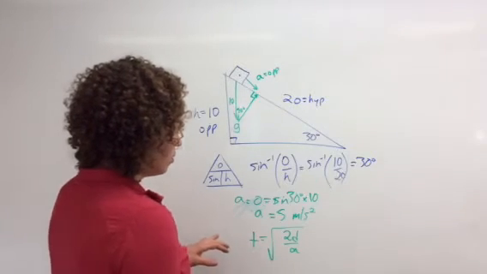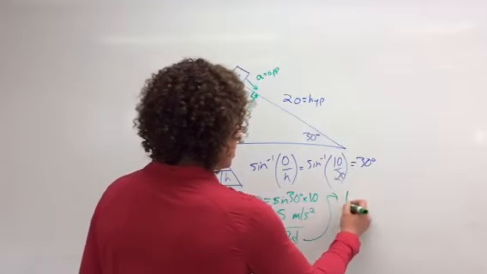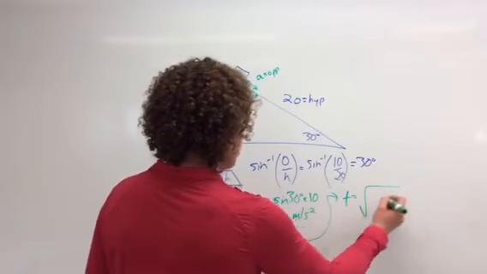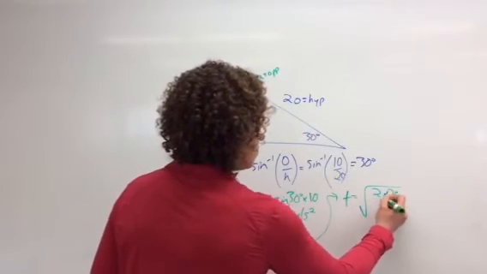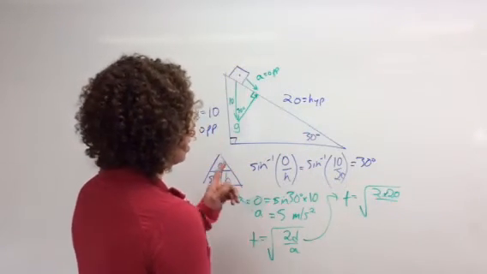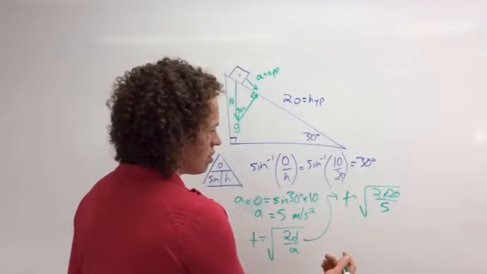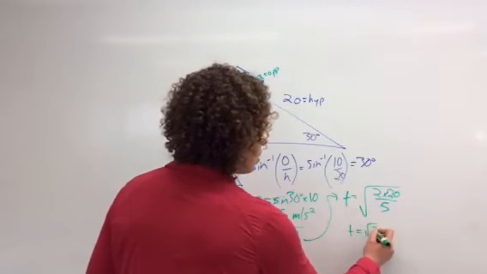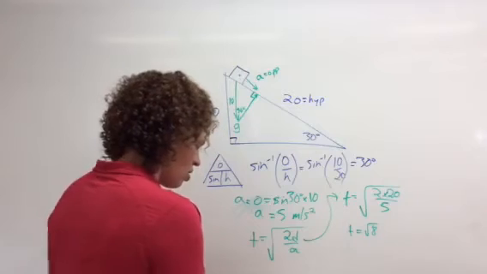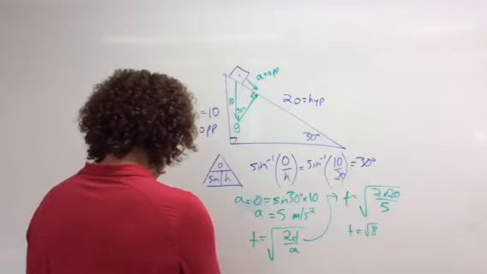So we just plug in our numbers. I'll write it up here so it's a little easier to see. T equals the square root of 2 times 20 over acceleration, which is 5. So 2 times 20 is 40, divided by 5 is 8, so t equals the square root of 8, which should be about 2.9.